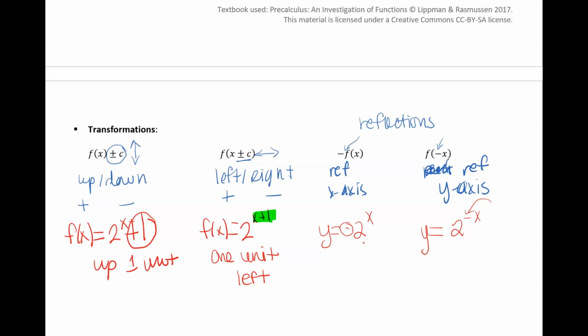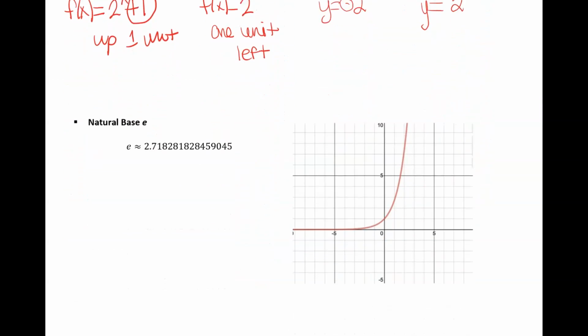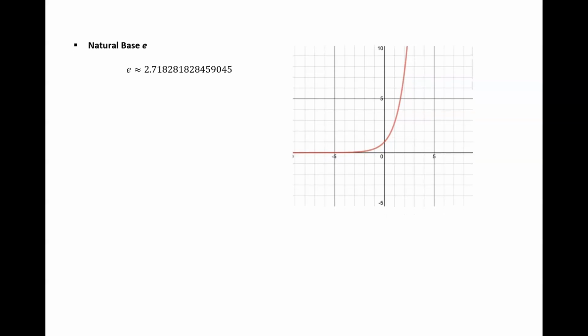Now, one of the other things I want to expose you to in looking at exponential functions, and we've already looked at this when we were doing compounded interest continuously, was the natural base e. We didn't really talk about it specifically, but if you were to type in your calculator e, it's automatically going to put the exponent up.